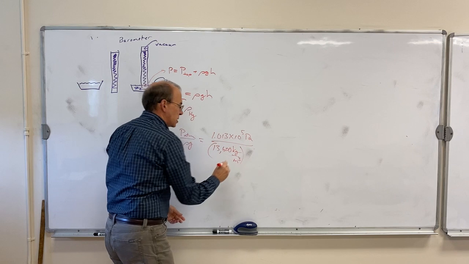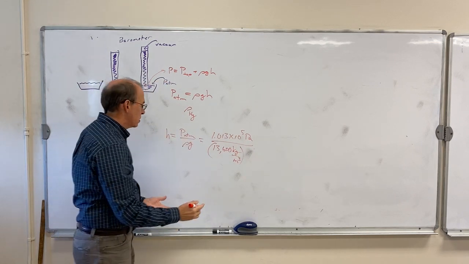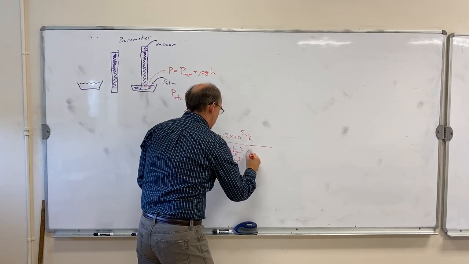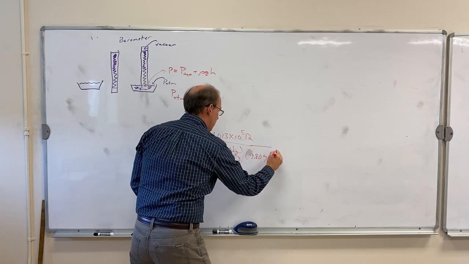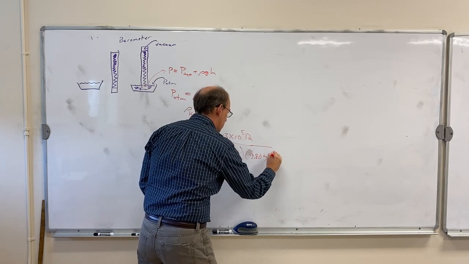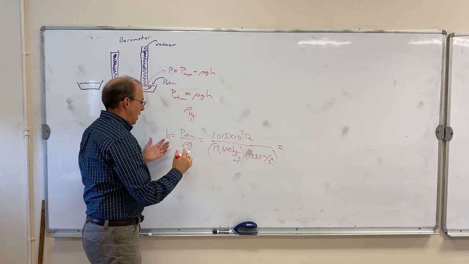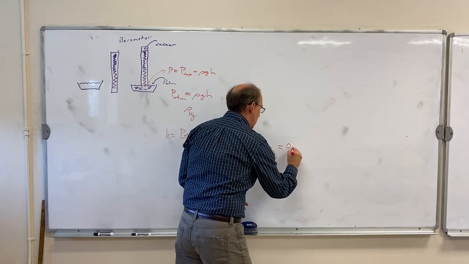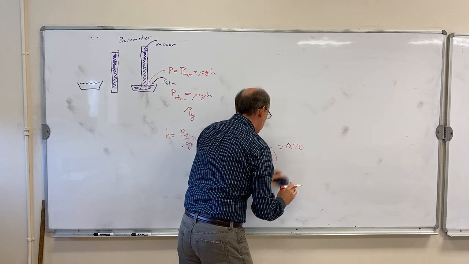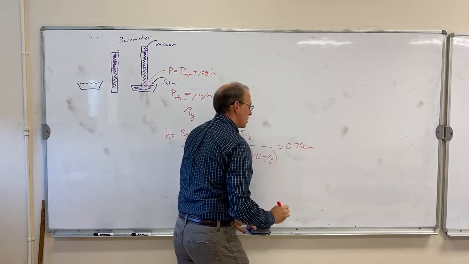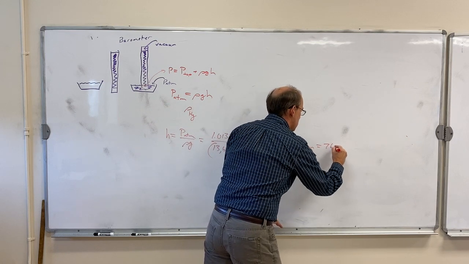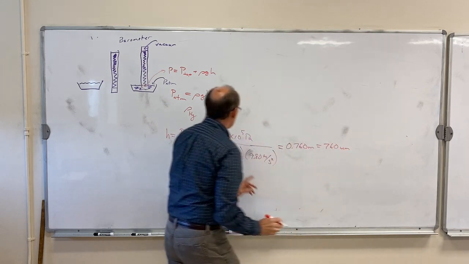Mercury is so dense that you can float steel in it. Over 9.8 meters per second squared. And this turns out to be 0.760 meters, or 760 millimeters.